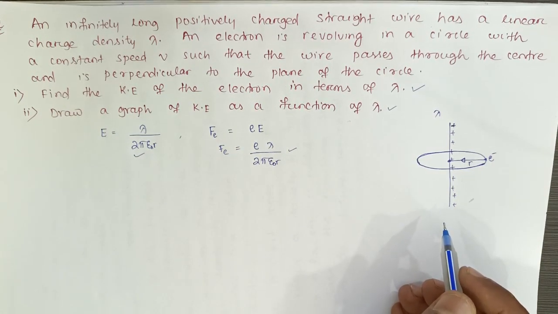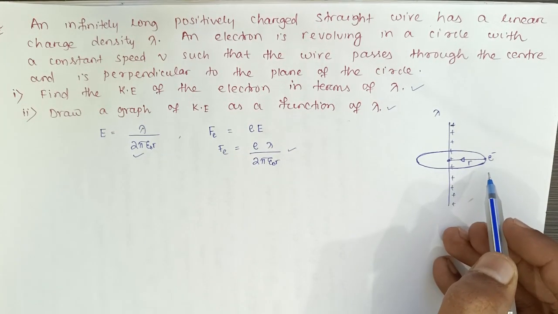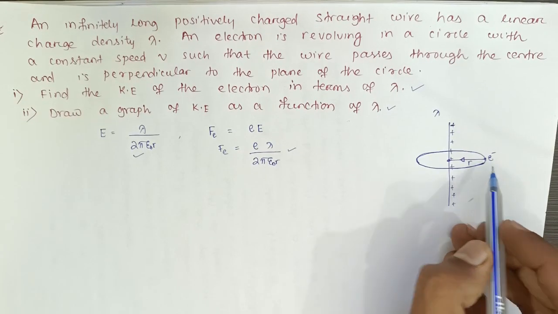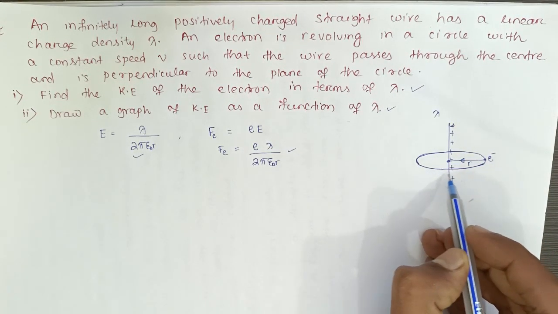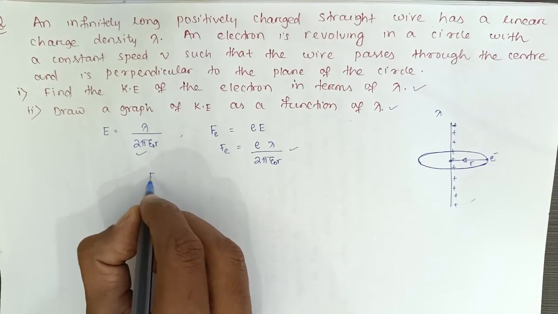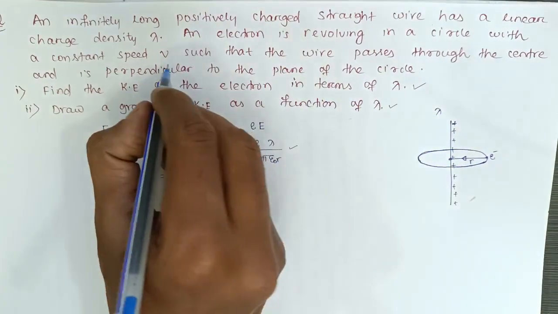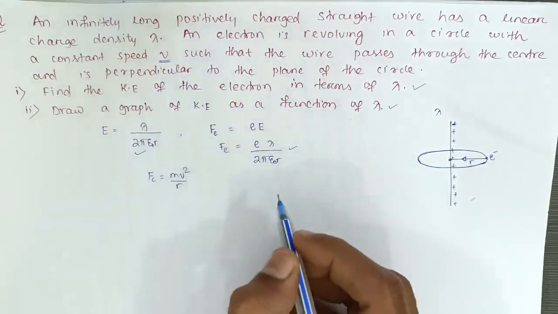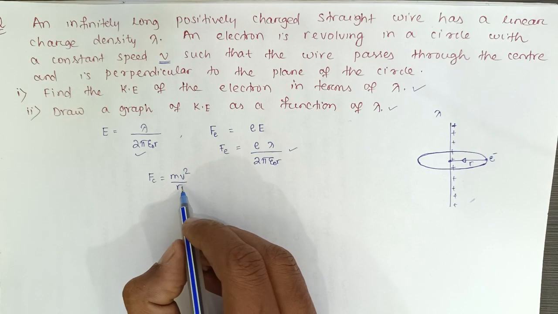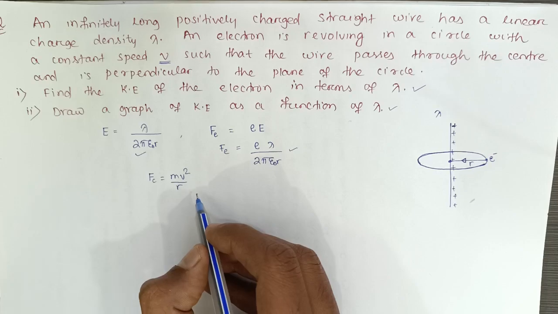So the electron will experience this amount of attractive force when it is revolving in that circular orbit. We know that when a particle moves in a circular path, it requires a centripetal force. The centripetal force is always along the radius and towards the center. So when the electron is revolving in this circular path, it must require a centripetal force. The formula for centripetal force is mv square by r. It is given that the electron is revolving with a speed v. So mv square by r is the required centripetal force, which is along the radius towards the center.